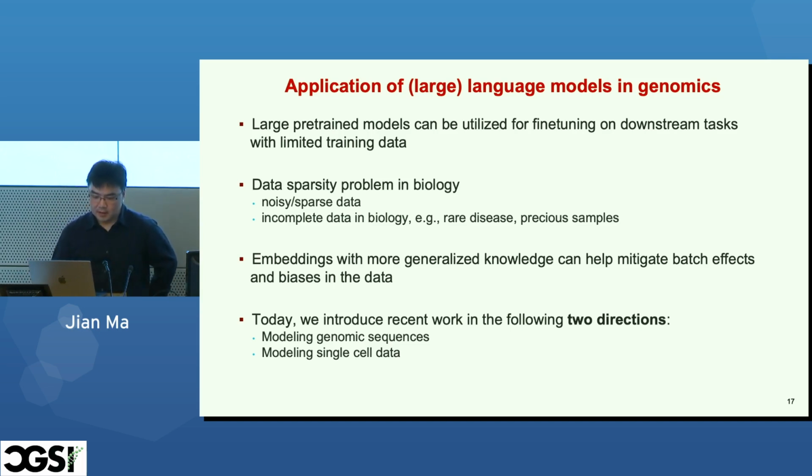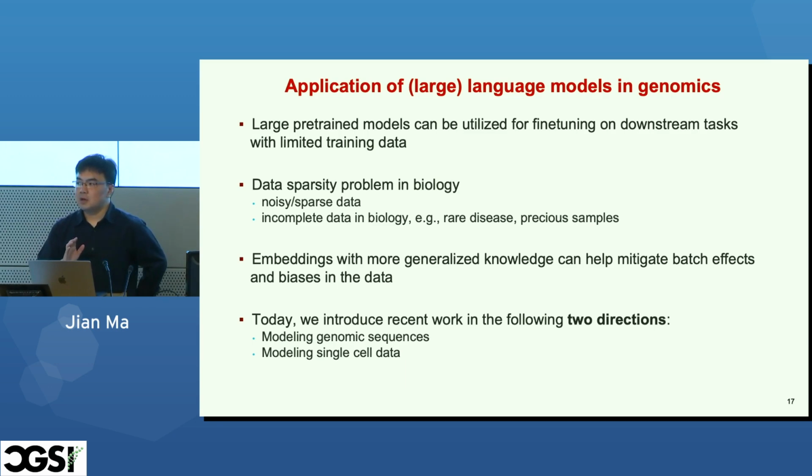So the notion is that through these pre-trained models, you can train the embeddings of your entities, either genes or sequences, that can be generalized to many different contexts through some additional fine-tuning. That would be fantastic, right? And that's really the motivation of the two directions that I want to talk about.